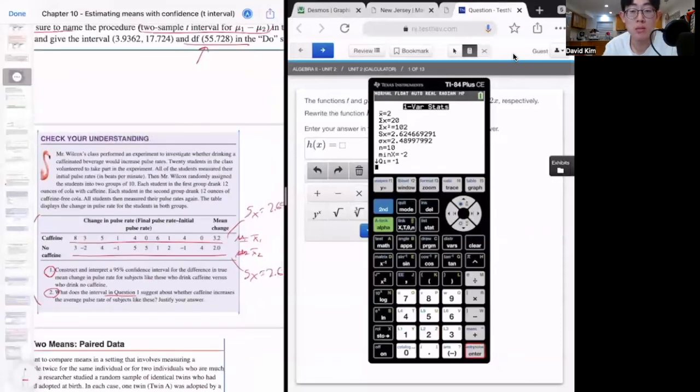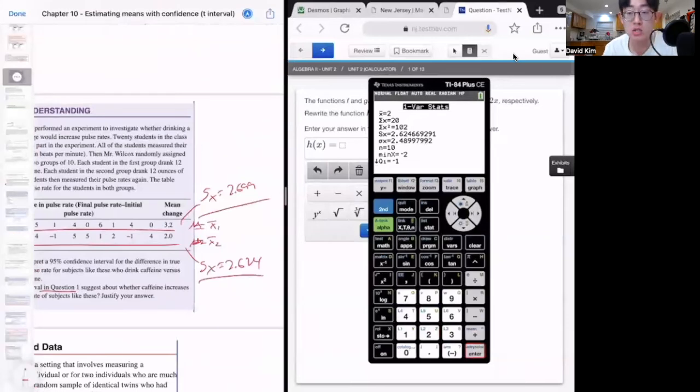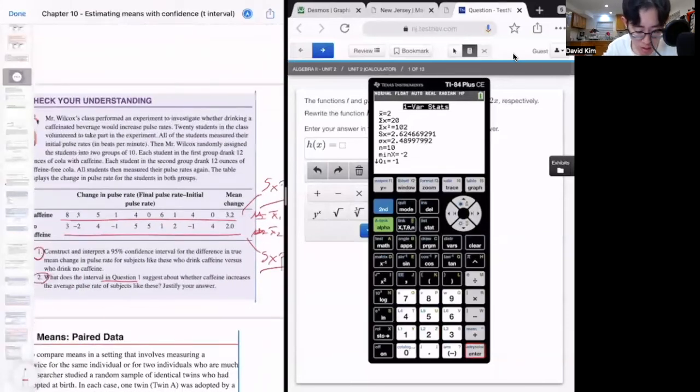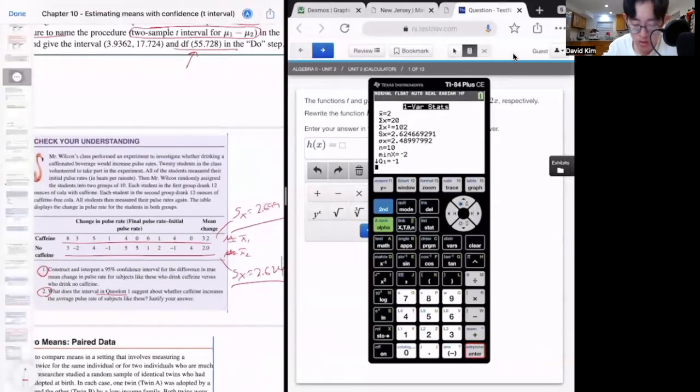Okay, so I put in the data, and here's what the standard deviation was. We have 2.699, we have 2.624. And afterwards, we are going to have to do state, plan, do, interpret. Sorry, I'm going to go through this super quickly, so please bear with me.